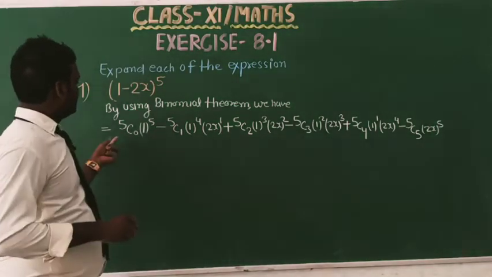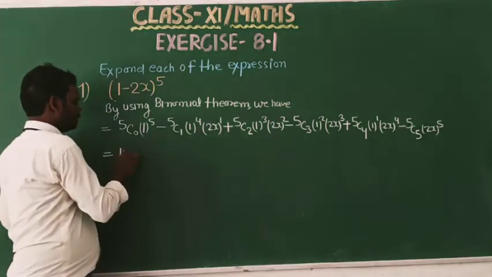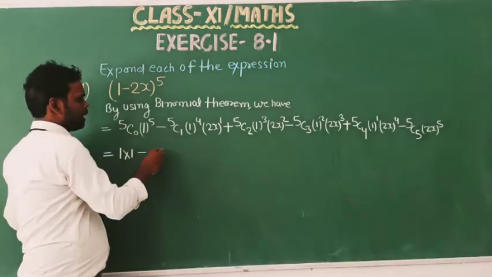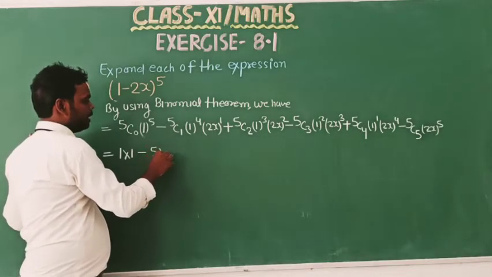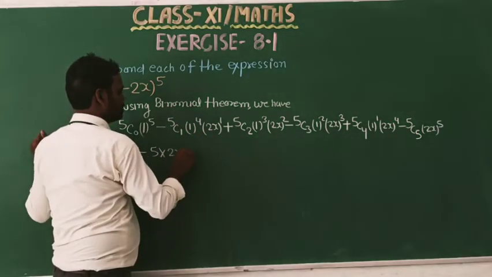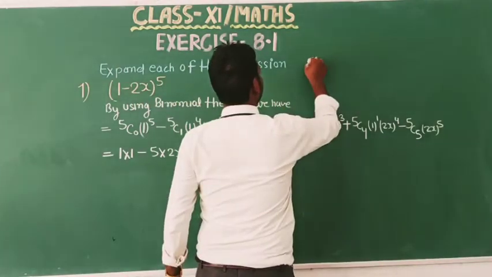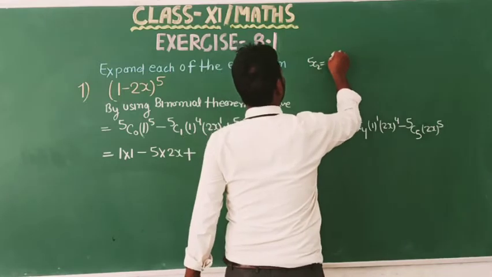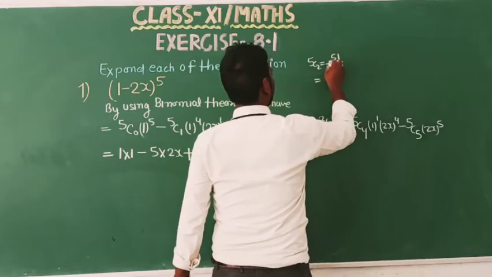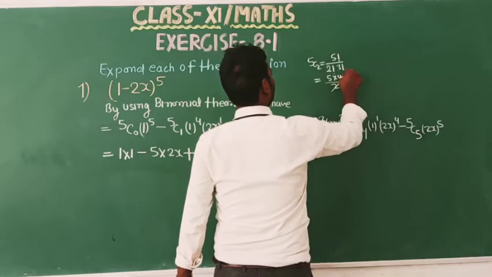Now evaluate this. Okay, the value of 5C0 is 1 and 1 to the power 5 is 1, minus 5C1, the value of 5C1 is 5 and 1 is 1 and 2x, plus 5C2, we can simplify here. 5C2 is equal to factorial 5 upon factorial 2 and factorial 3, which is 5 into 4 by 2, equal to 10.